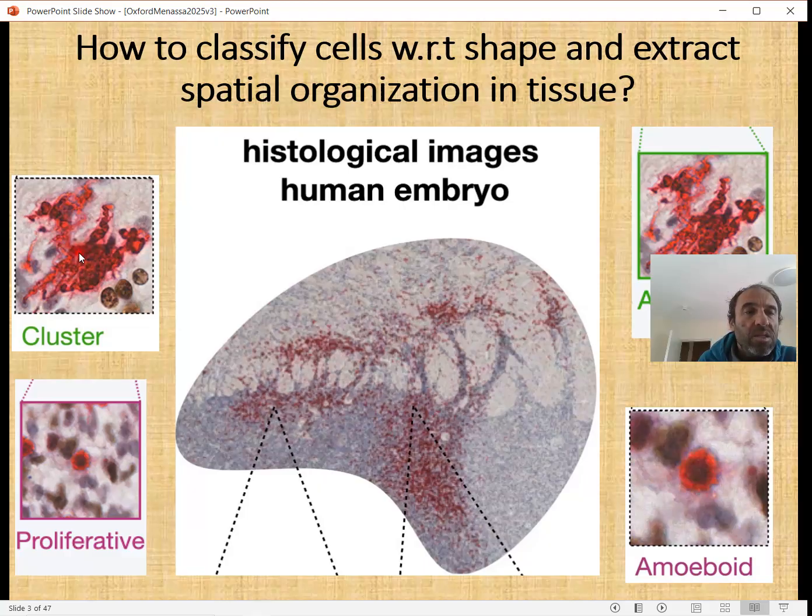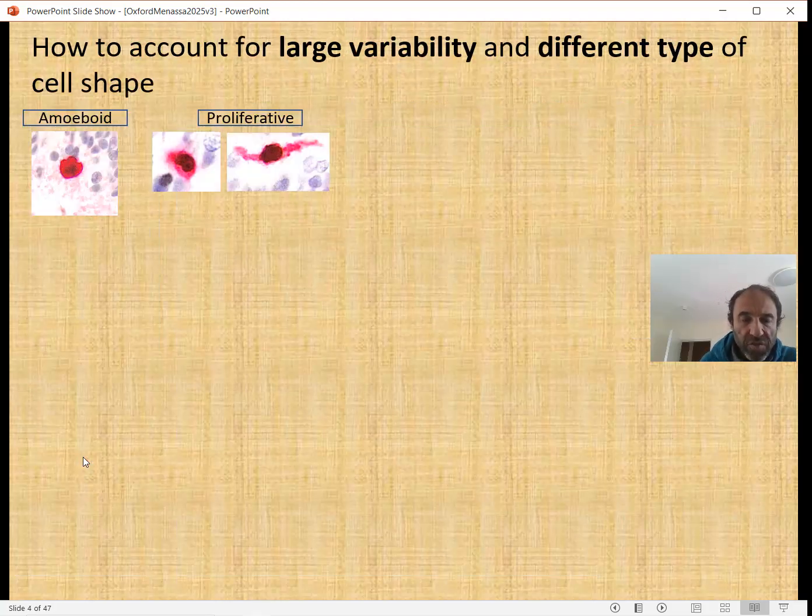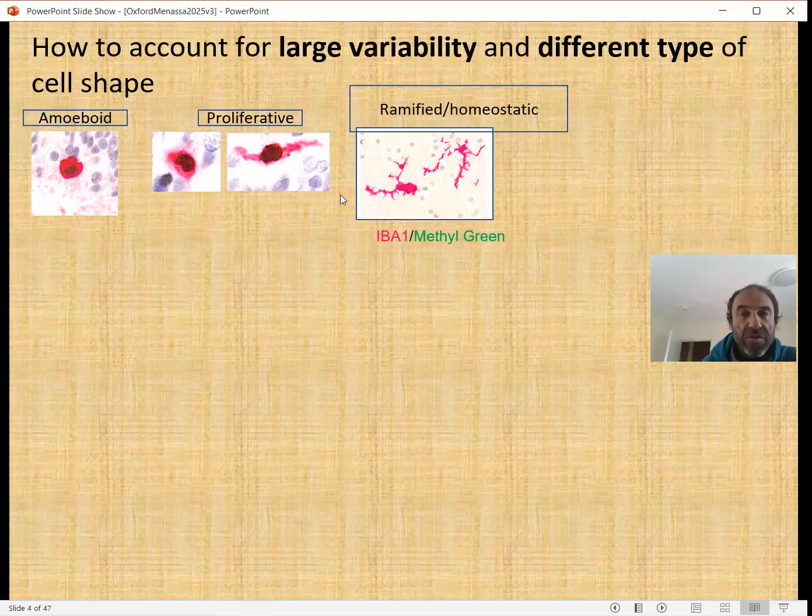And you can see that they have a variety of shapes from cluster, proliferative, aggregates, amoeboid. So you would like to account for this variety of shapes and be able to recognize as many as possible to see how they are organized in the tissue. The large variability of shape can be seen here from amoeboid to proliferative.